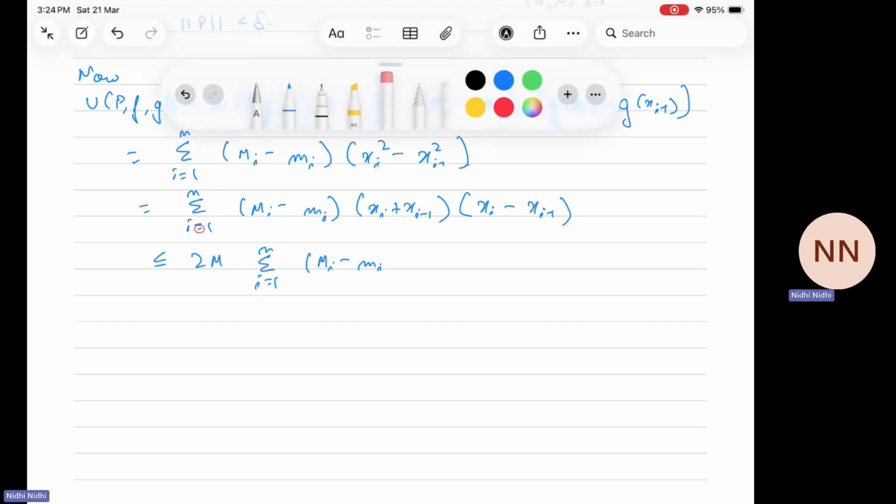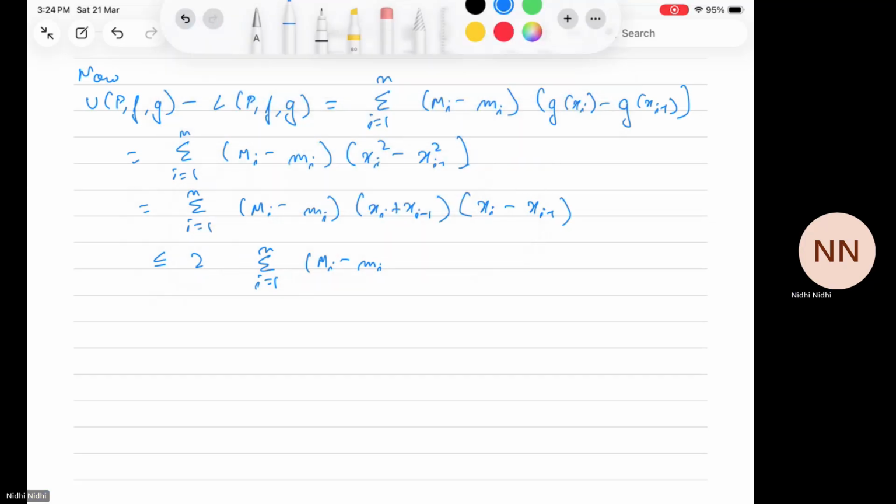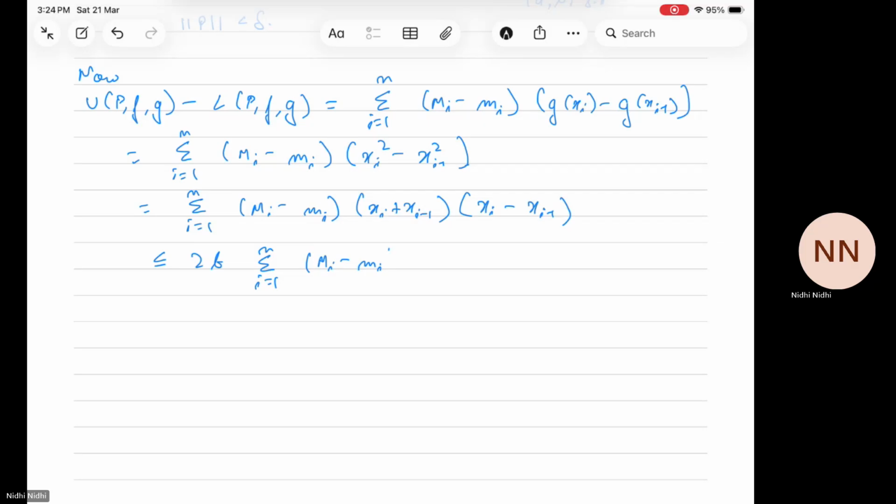Because x_i and x_{i-1} both are less than b. See, x_i plus x_{i-1} is less than b plus b, obviously, because we are taking x_i to be in the closed interval [a, b], and the rest of the terms are positive, so we can easily multiply them, because capital M_i is a supremum minus an infimum, so obviously it will always be positive.